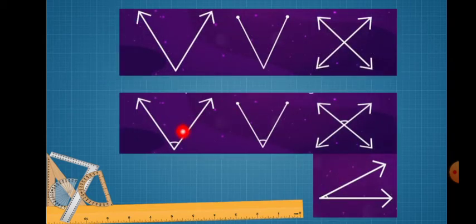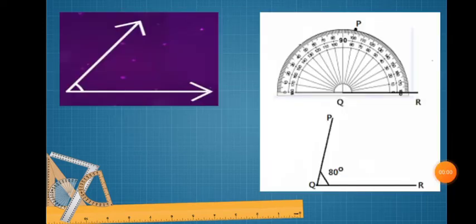Here, these two rays meet at a point and make an angle. These two lines take a bend and meet at a point. They make an angle. These two line segments intersect each other and make an angle.